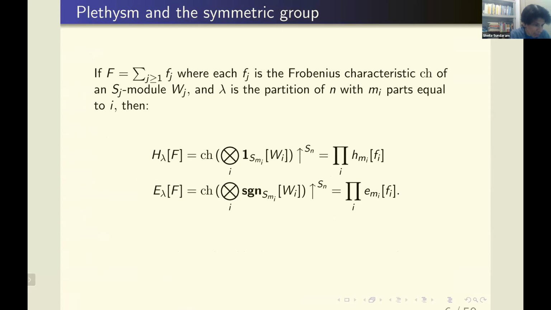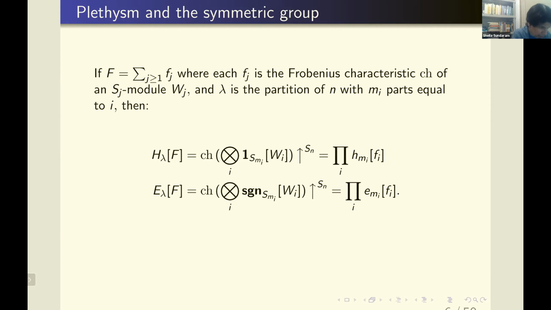In the ring of symmetric functions, you can take it apart and it's just a product over i of the single homogeneous symmetric function H_mi plethysm with Fi. That's how you would actually compute it, right? I'm thinking of Fi here as homogeneous of degree i, and what it really is, is the Frobenius characteristic of this induced module.